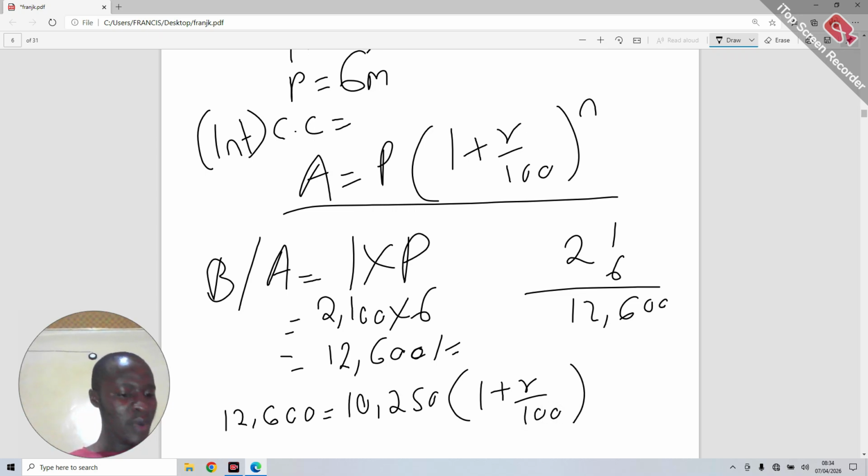Then remember, they want the monthly rate, so that means our N will remain to be 6 months. If the question read determine the annual rate, then our period will be 6 over 12, because they want the yearly rate. But in this case, they want the monthly rate, so our N will be just 6. All right.